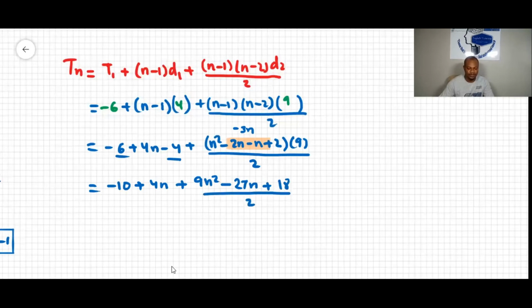Now we can write everything with a common denominator.